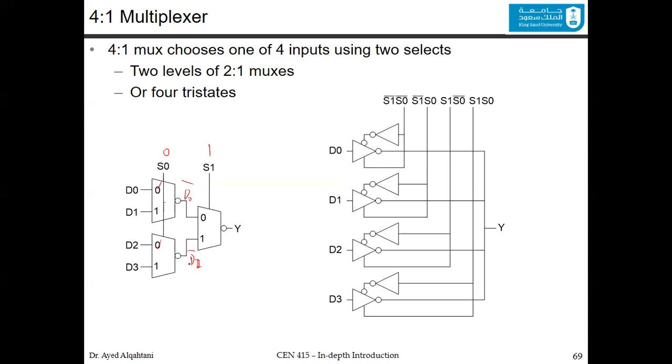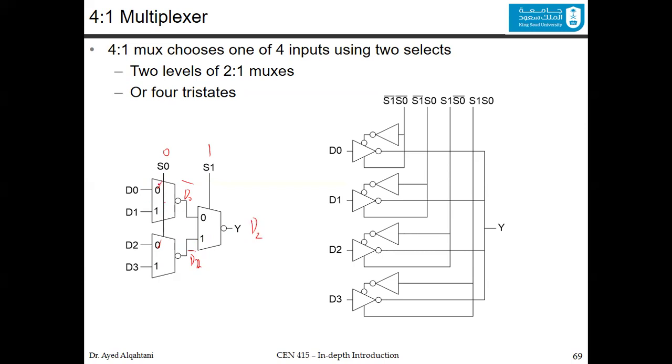Notice the bubbles. Because you have 1, you will choose this one, and after the bubble it would be D2. Now, we took advantage of this inverting multiplexer, and we get the right polarity that we want without having a bubble. So it's a restoring design with this multiplexer.